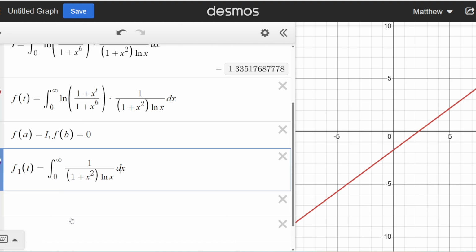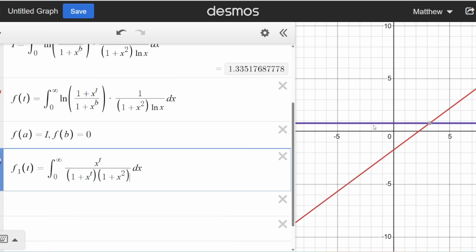So we'll put a 1 plus x to the t, then times the derivative with respect to t of x to the t. That's going to give us x to the t times a natural log x, which will cancel this. So there is our f prime of t.